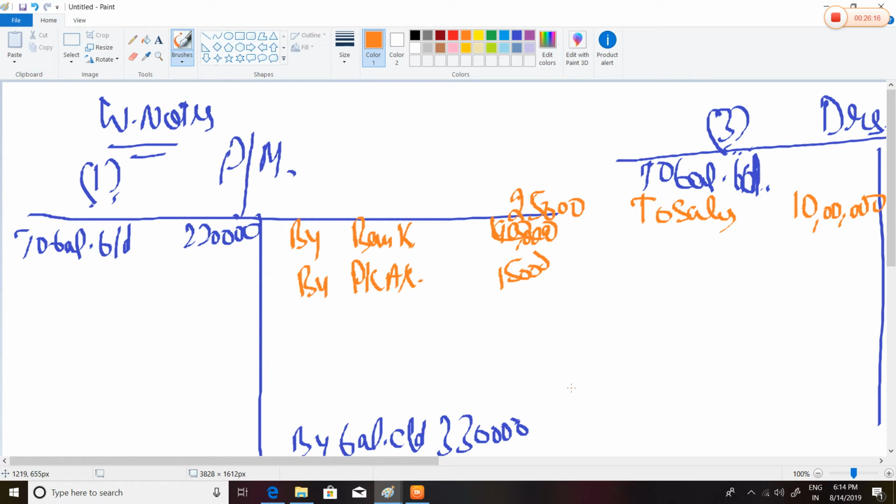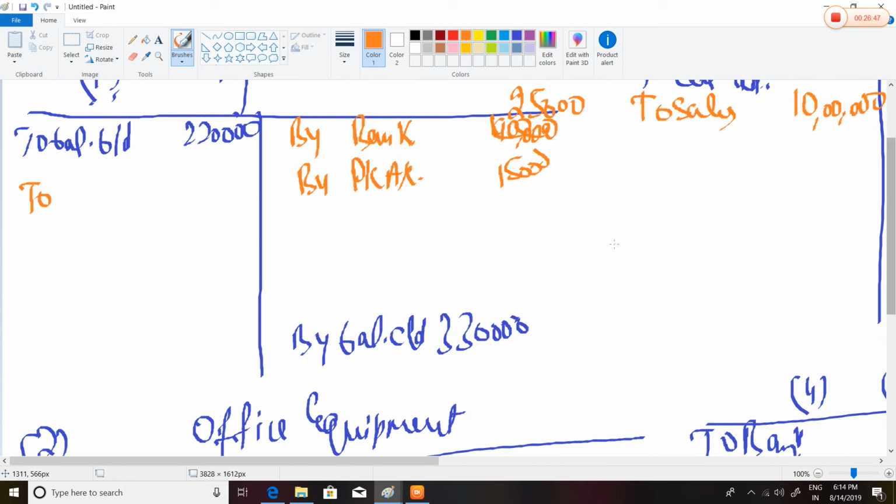I'm firstly closing down the plant and machinery account, so that we can transfer its amounts. See here. All the amounts are after depreciation. See, the amount is increased from 2,20,000 to 3,30,000.